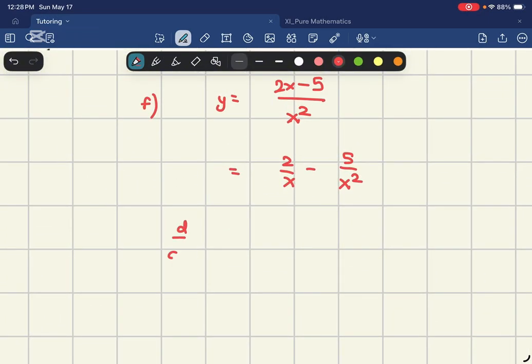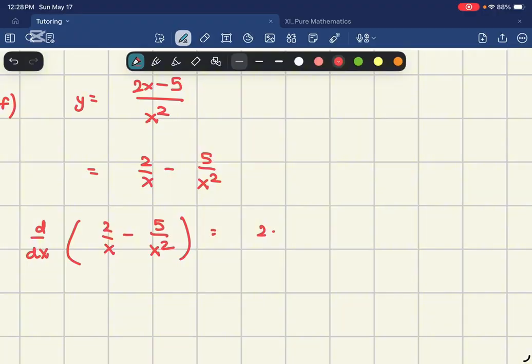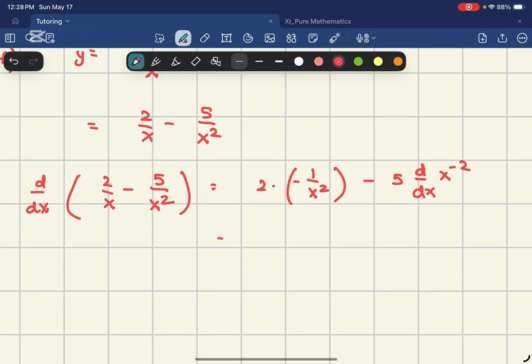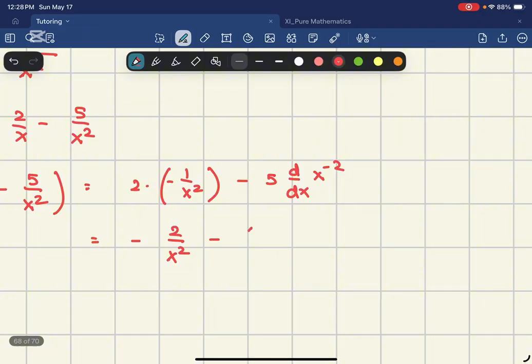So if you differentiate this, then you're going to get 2 times the derivative of 1 over x, which is minus 1 over x squared. Minus 5, you're differentiating x to the power minus 2. So minus 2 over x squared, minus, if you bring minus 2 to the front, you have minus 10 x to the power minus 3.